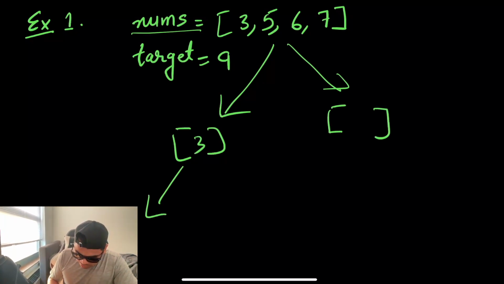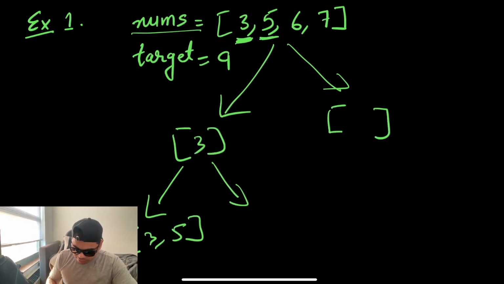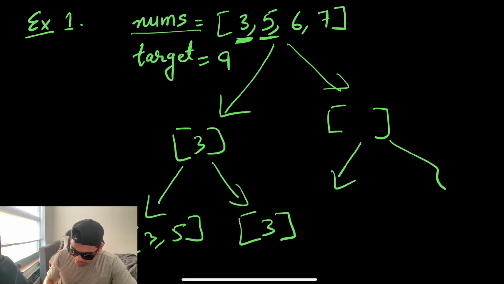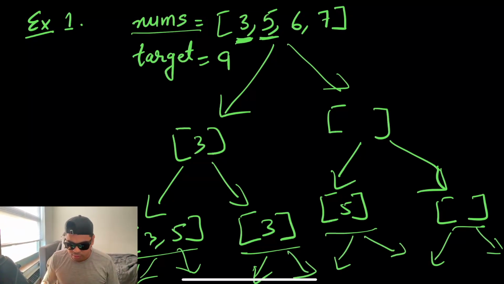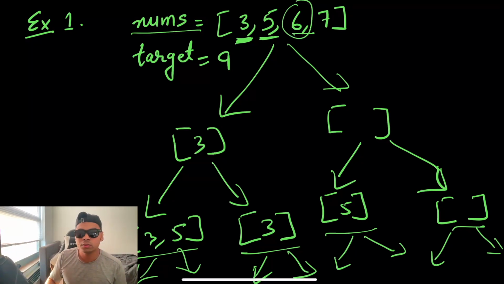Then we go on to 5, where I either choose 5 or I don't. This tree structure that we are creating is by making a decision, as we move forward, that either we choose the value at a particular index or we do not.